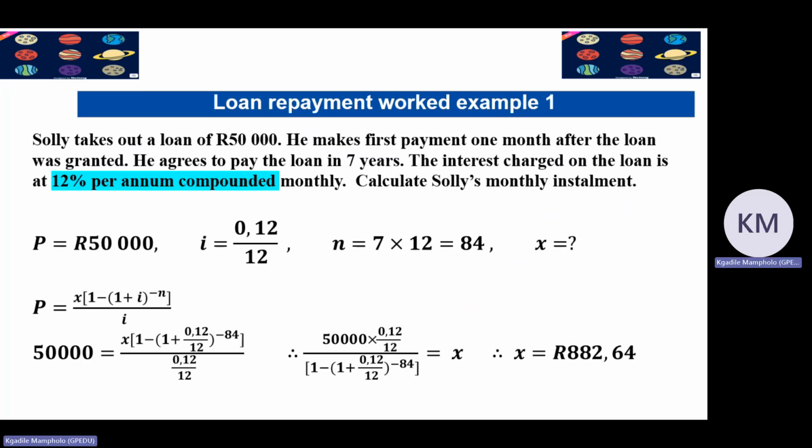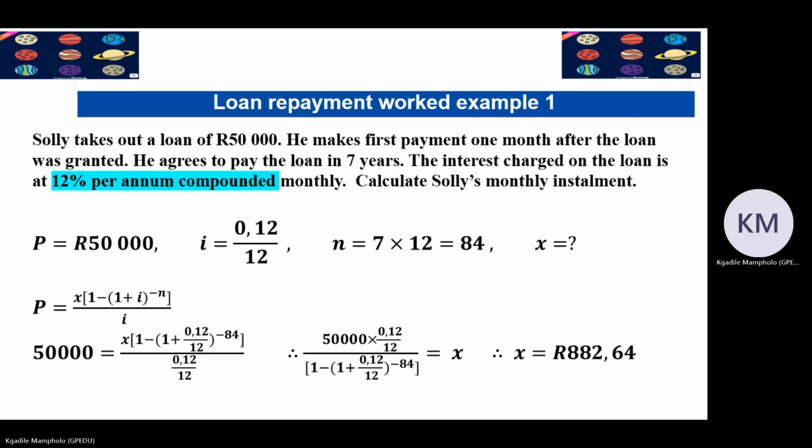Now, P is the loan, which is 50,000. I is 12 divided by 100, which is 0.12, over 12 because this is compounded monthly, and N would be 7 times 12, which is 84.